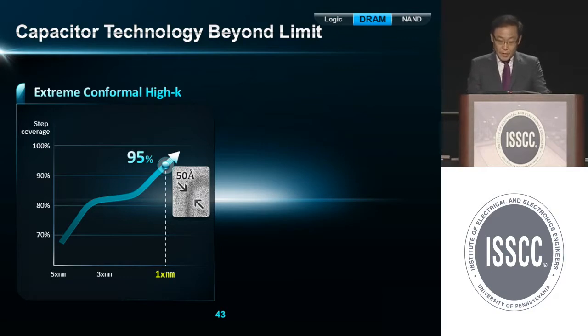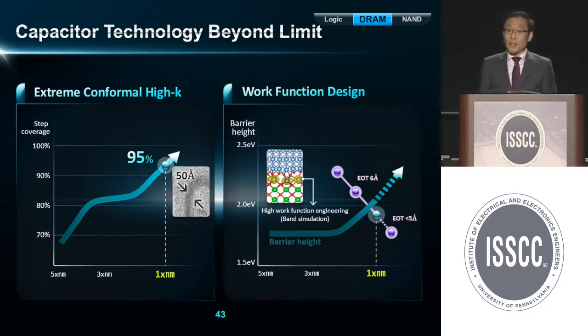As you can see, left-hand side graph, we achieved greater than 95% step coverage even at 10 nanometer. And through work function engineering of high K dielectric, we can suppress dielectric leakage current even with EOT of 5 angstrom, which is shown right-hand side graph.